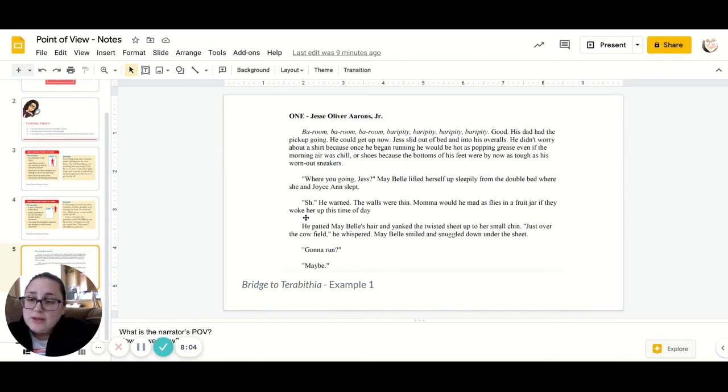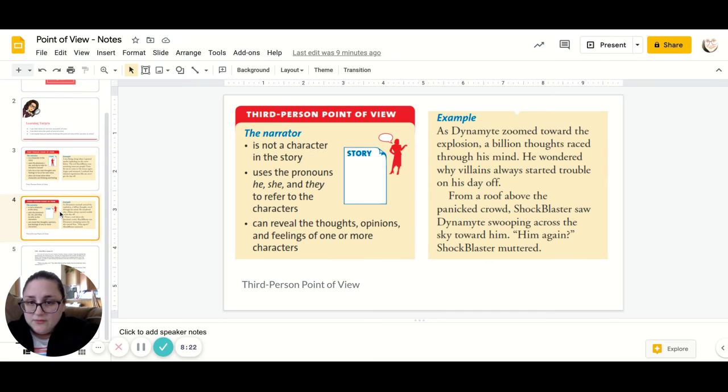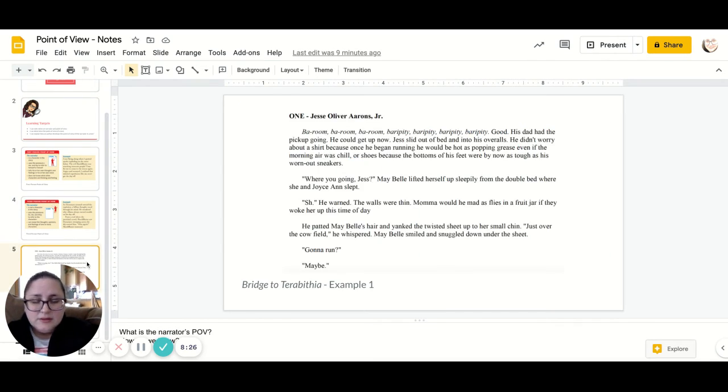Now remember, it can be one character, and in this case, we are seeing from the perspective of Jess, but between the pronoun use of he and knowing what Jess is thinking, we can identify this as third person point of view. That pronoun use is the big indicator.